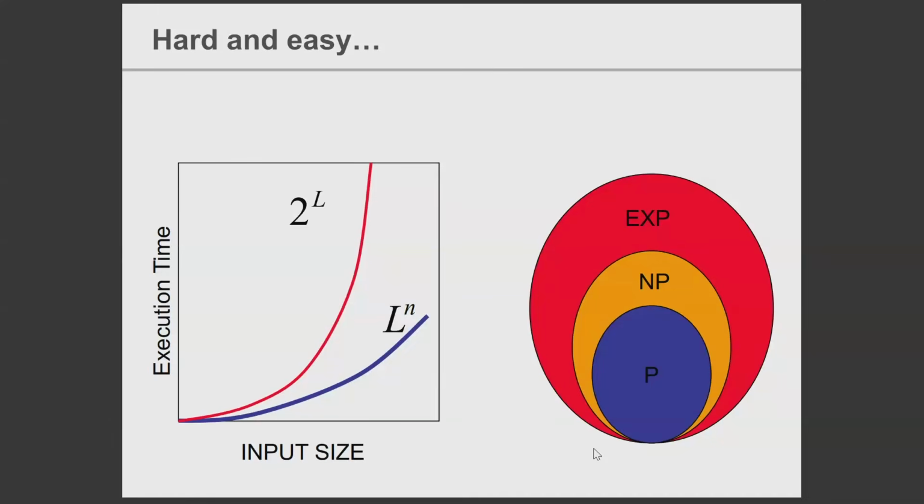Obviously it will take longer if you increase the input size because the number of operations will be more, but how much more? If the scaling with the input size, L, is at most polynomial, so if it is logarithmic, linear, polynomial, then computer scientists are happy.